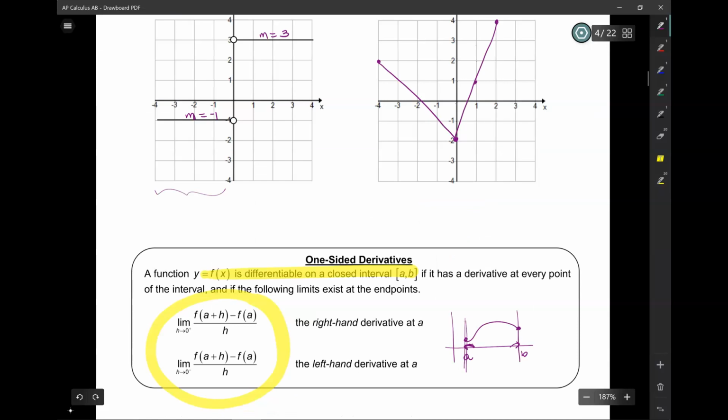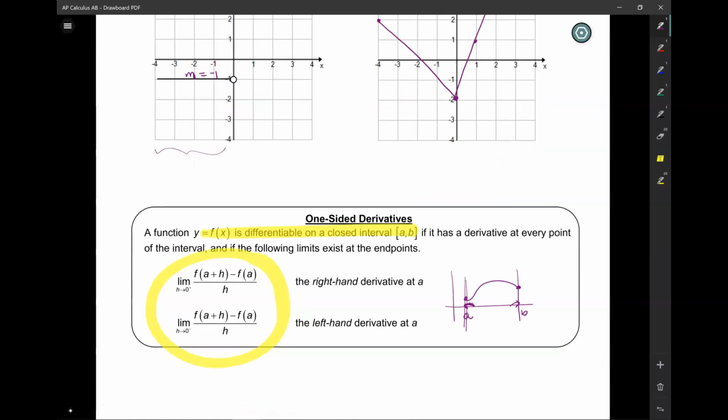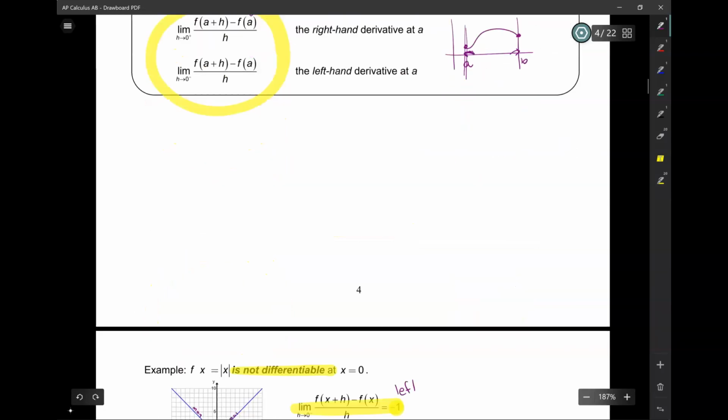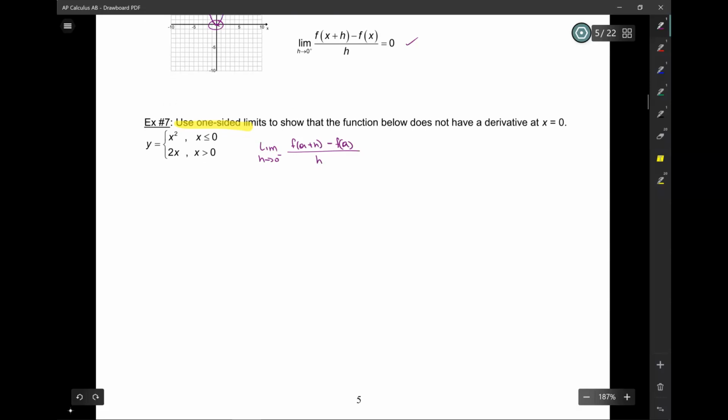Okay, so this is the one I'm using here. And look, we have f of a plus h and f of a, and a is the point where we're evaluating the limit. Here, where is the point where we are evaluating the limit? It's x equals 0, so that's my a value. So I'm going to put 0 into my a's here.